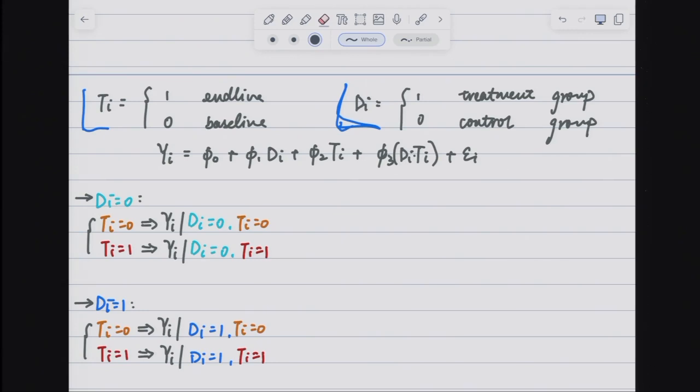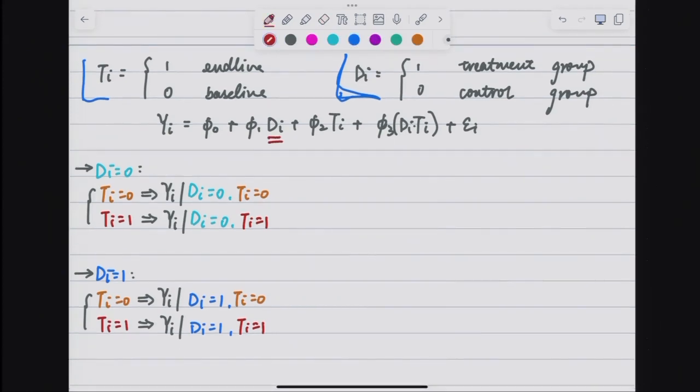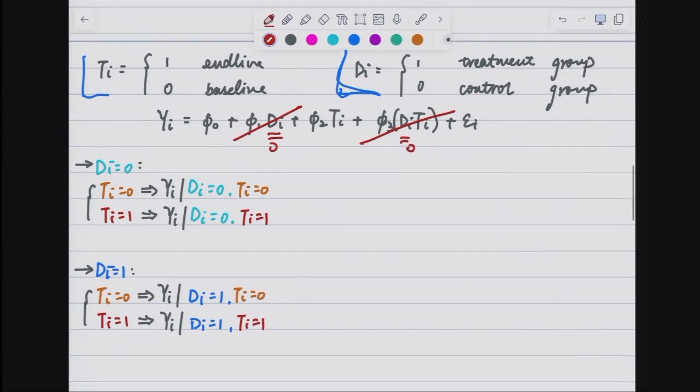So let's look at those in the control group. Here d is 0, so the phi1 times d term doesn't matter for the control group, and also the phi3 times the interaction term doesn't matter. Given they're in the control group and at the baseline, y is just equal to phi naught, since t is equal to 0, plus the error term for this individual.